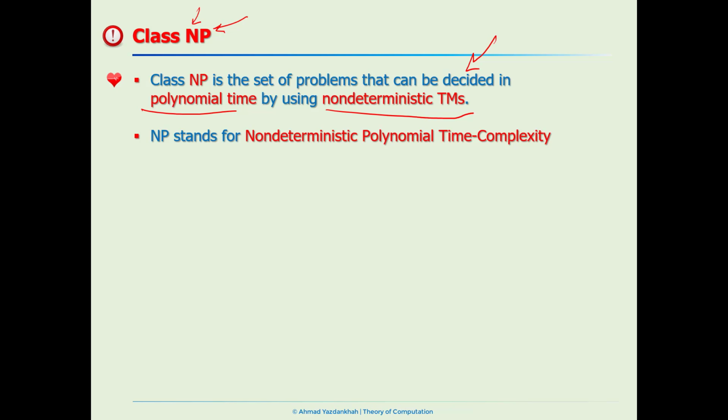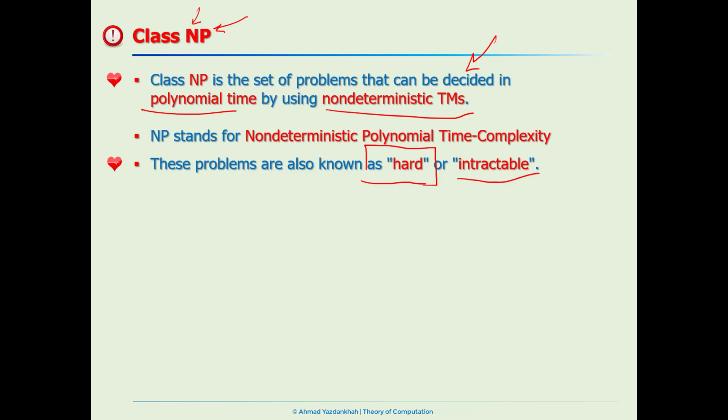These problems are also called hard problems or intractable problems. You remember that I said we will get back to that easy guy. So class P is called easy, and now you understand why we call it easy and why we call this NP class hard, because these hard problems are the exponential guys, and you saw the timing of the exponential guys in that example.